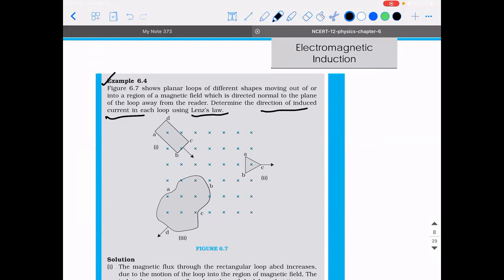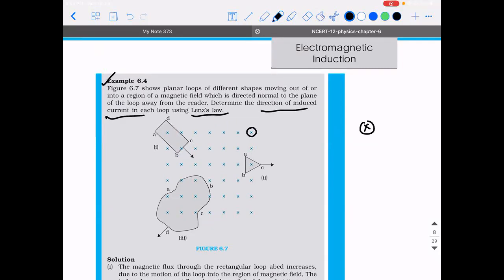See, how I explained in the case of Lenz law, there I had a magnet, so you were clear about which one was North Pole and which one was South Pole. Suppose you take this magnetic field now. The magnetic field is into the plane. What do we mean by into the plane? This is what you need to do. This is an activity.